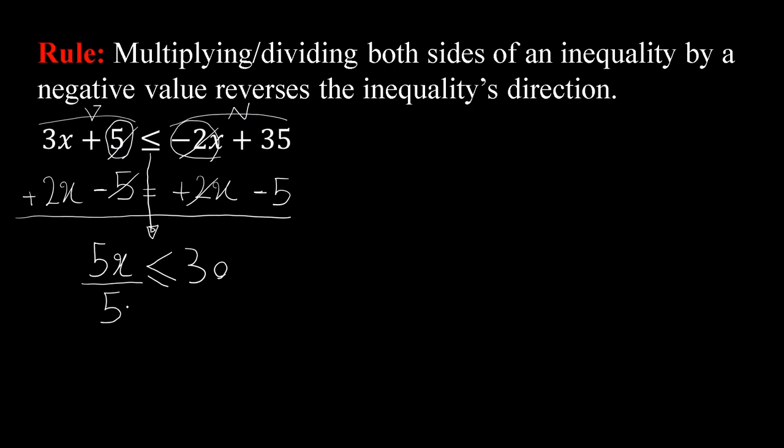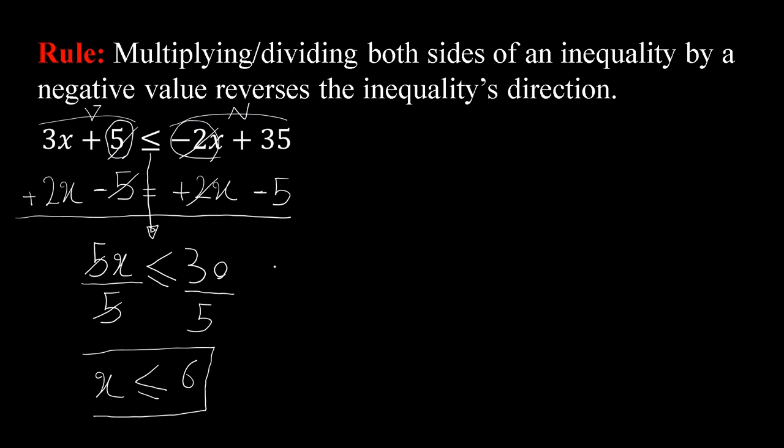Am I allowed to divide only one side by 5? No, whatever I do with the first side, I must do exactly the same with the second side. These two are going to cancel each other out, and I'm going to have x is less than or equal to 6. And because the 5 here is positive, the direction is not going to change. So x will be less than or equal to 6.